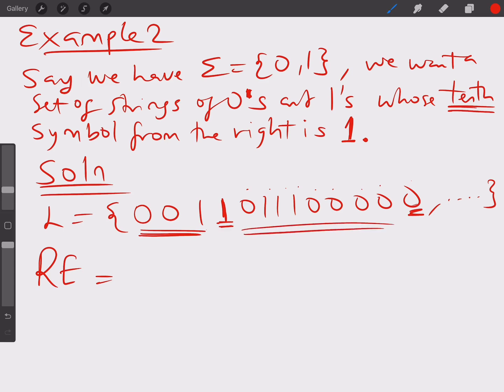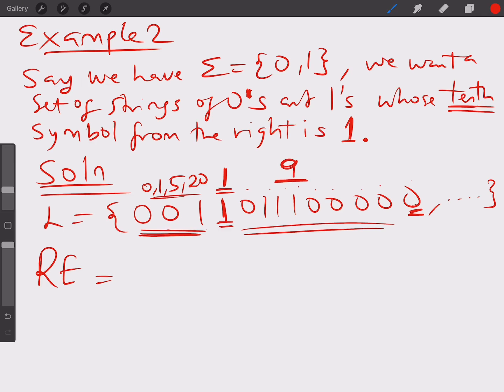So this can be 0, it can be 1, it can be 5, it can be 20, any amount on the left hand side, followed by a 1, then 9 symbols must be here, then the 10th one, then any amount of symbols can be here.